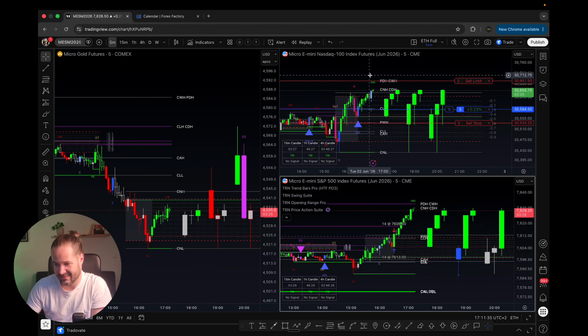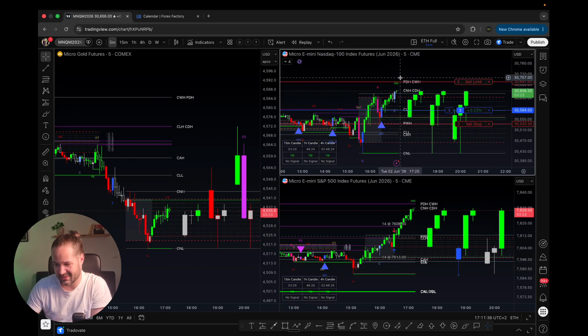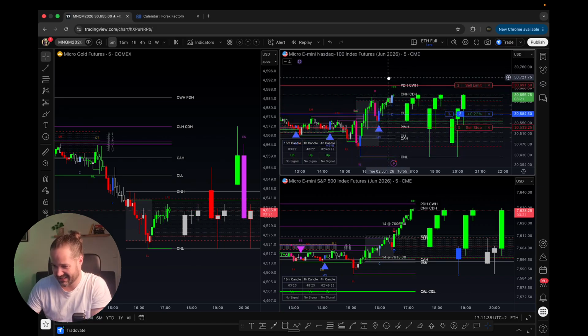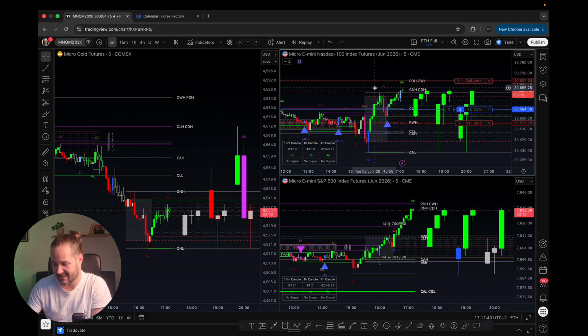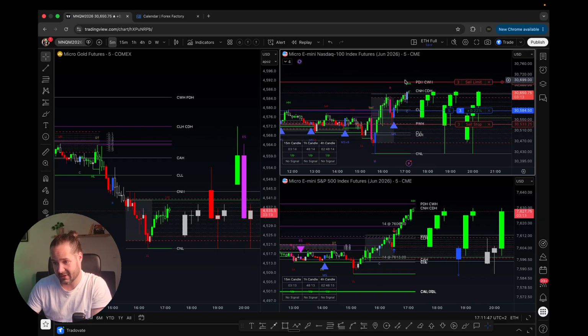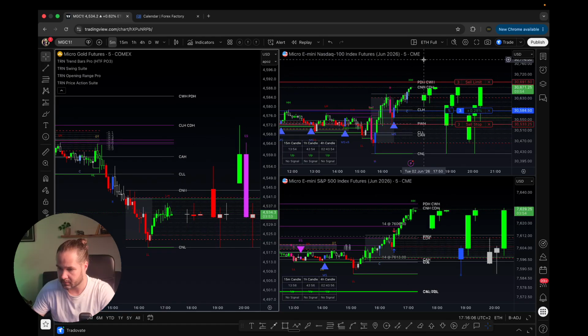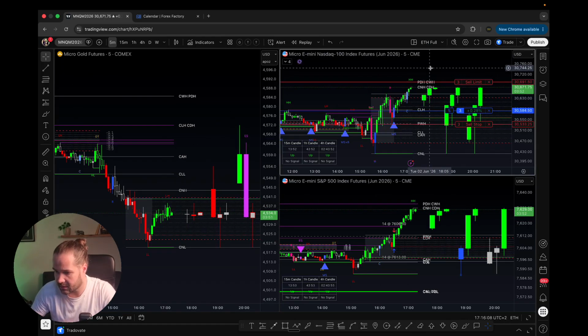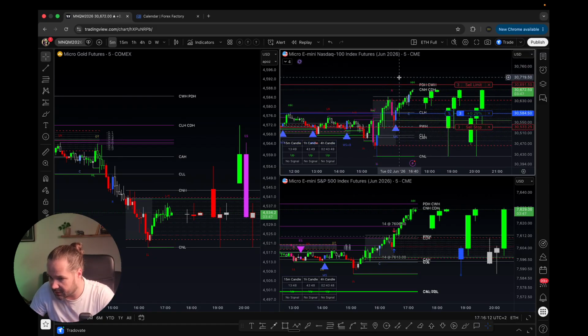Guys, we need to hit my target, honestly. We need to hit my target. This is a strong setup. The chart shows the strong momentum upwards. We have the liquidity here. Let's grab it. Okay guys, it looks good so far. We're very close to my target here on NQ.